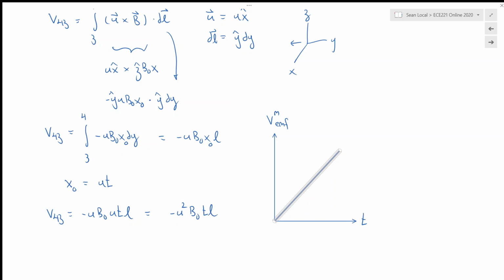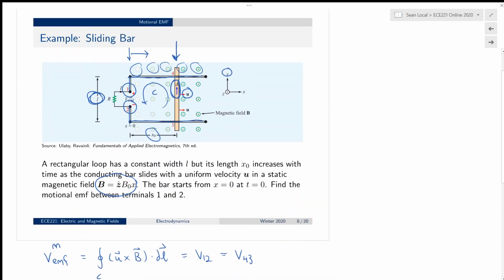And our flux is increasing linearly with time because the area of this rectangular loop is increasing linearly with time. So in fact, we can go back and think about if we had tried to solve this problem using Faraday's law straight in order to get the EMF, we should get the same answer.